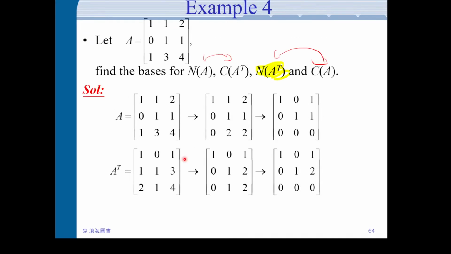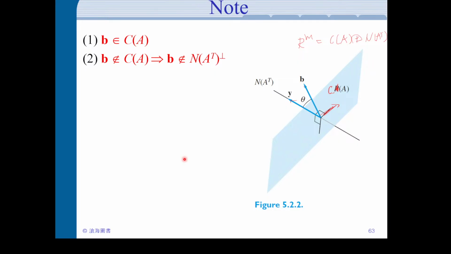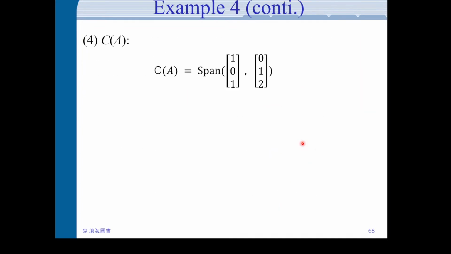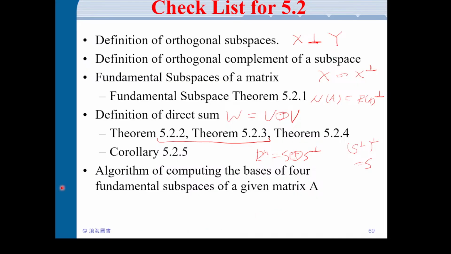Okay, and then finally we have corollary 5.2.5, which is a bit disconnected from everything, but it will connect to something we want to say. Using this kind of rank nullity idea, we can decompose everything inside R^n into something inside the range of A plus something inside the null space of AT.